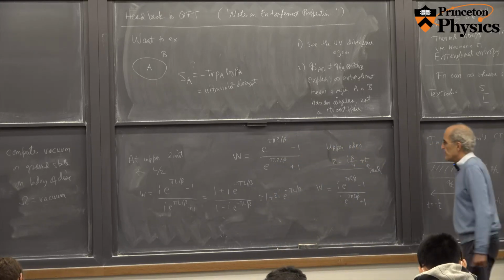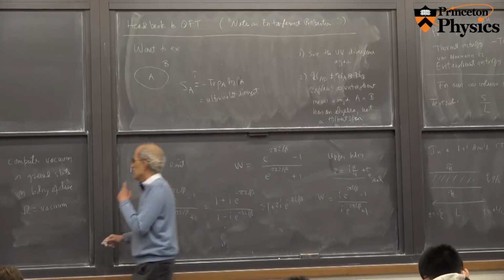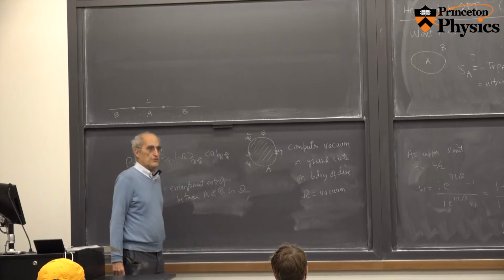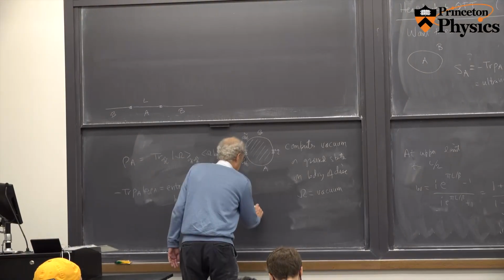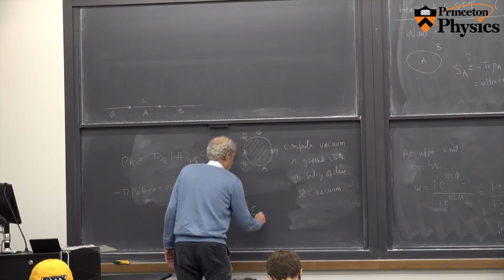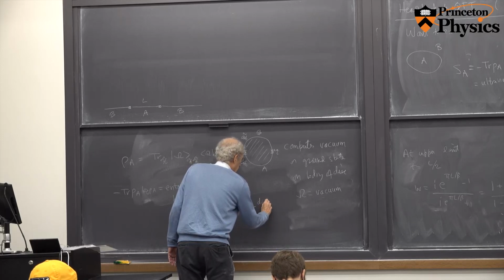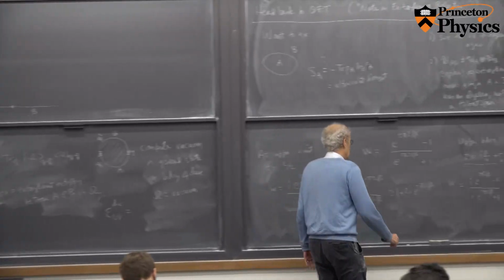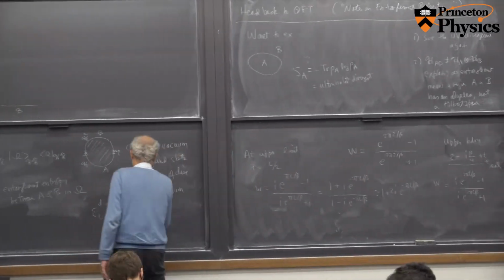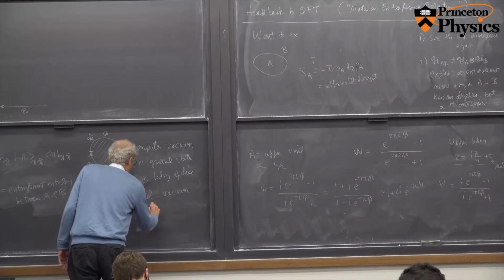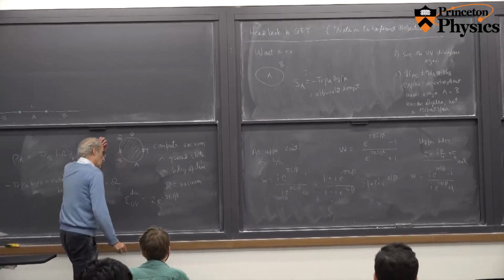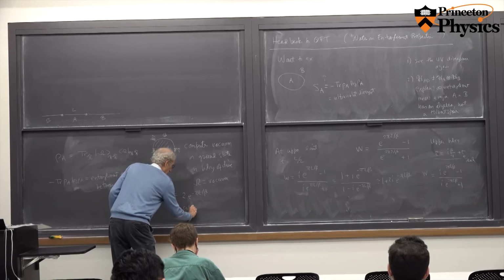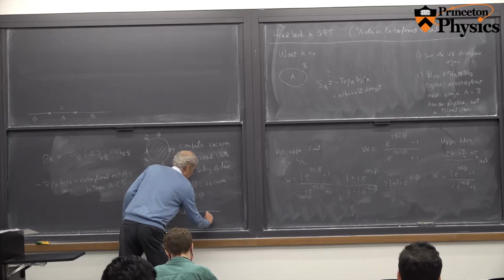So if L is very, very large, W is very close to 1. But if you want to know how close it is to 1, the UV cutoff on the disk is 2 times e to the minus pi L over beta, where L is the IR cutoff on the real line.